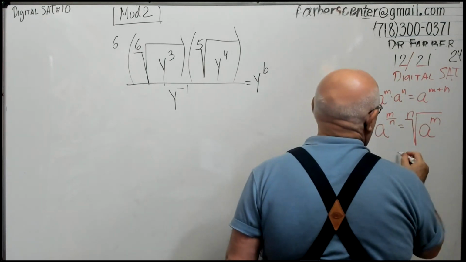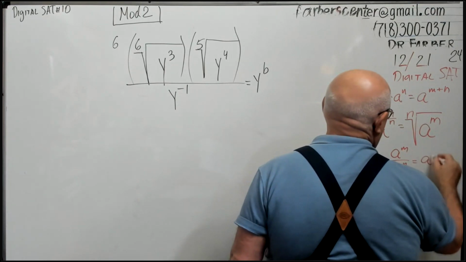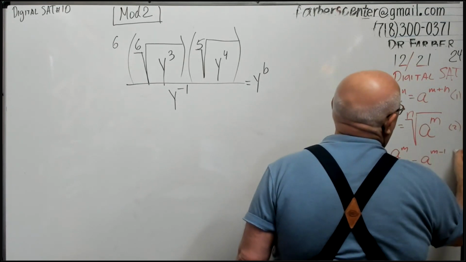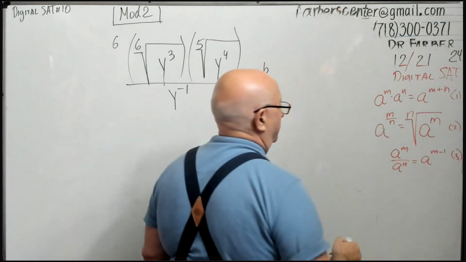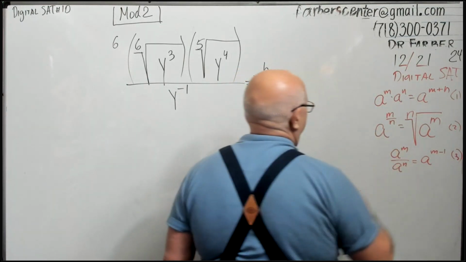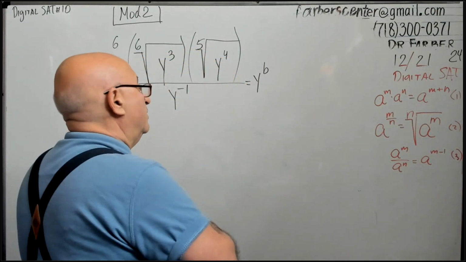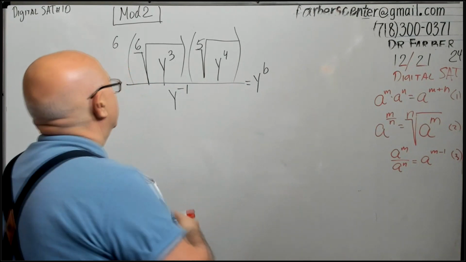And finally, a^m divided by a^n is a^(m minus n). 1, 2, 3. So it is better to operate with fraction powers than with radicals. It's more universal and more convenient; people invented it later, after radicals.